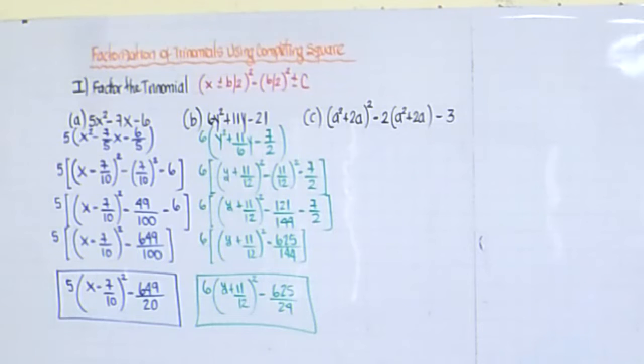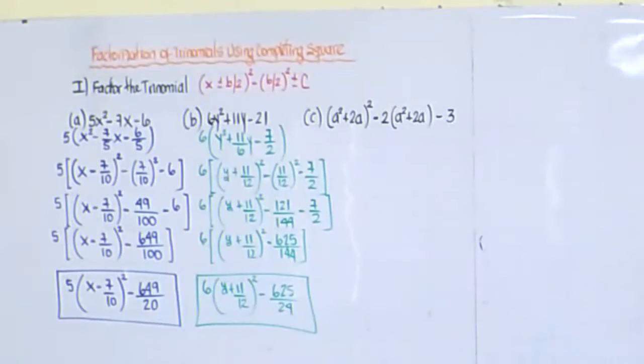All right, let's perform the letter C. In the letter C, we have a situation just like in the last example that we solved on Thursday. If you remember, we have two ways to solve this perfect square trinomial: the long way and the easy way.